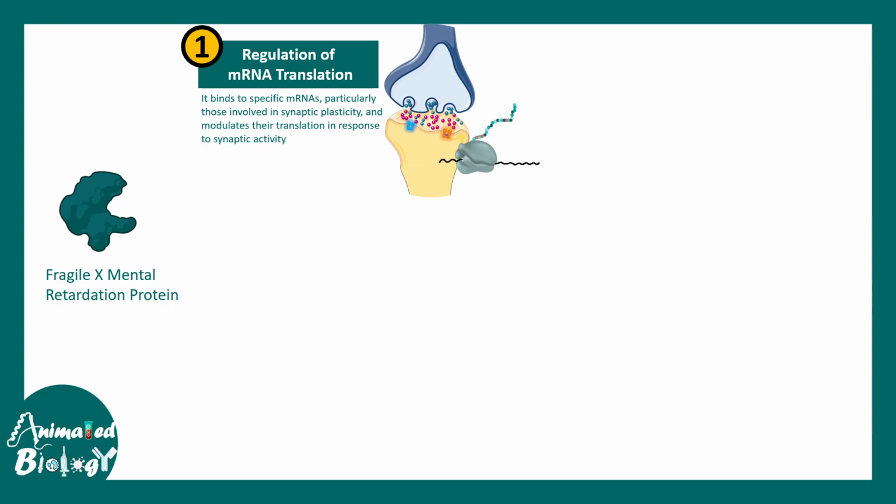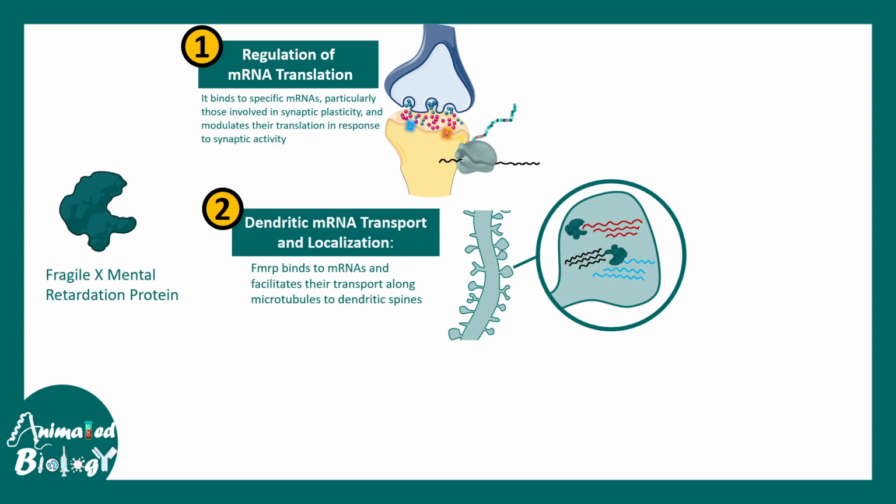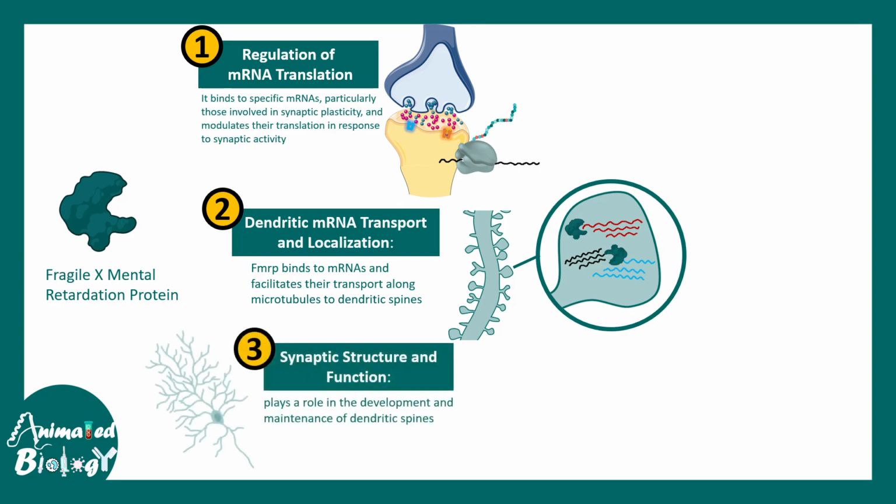It binds to specific mRNAs, particularly those involved in synaptic plasticity, which modulates specific synaptic activity and synaptic strengthening. Also, it regulates dendritic mRNA transport and localized translation at the dendrites. FMRP binds to mRNAs and facilitates their transport to the dendritic spines, which are the site for synapse formation.